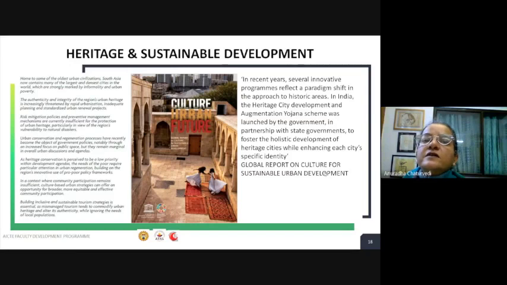There are risk mitigation policies and preventive management mechanisms which are insufficient. There are urban conservation and regional processes for which policies have recently been prepared. There is a focus on public space, but instead of being integral to all urban discussions and agendas, heritage resources have remained marginal.